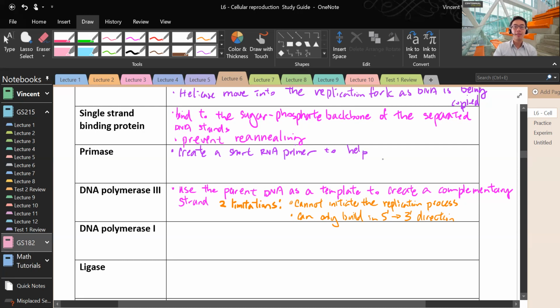To help position the DNA polymerase 3 so that it can start the copying process. All right. The replication process, whatever you want to call it. The replication sounds better.